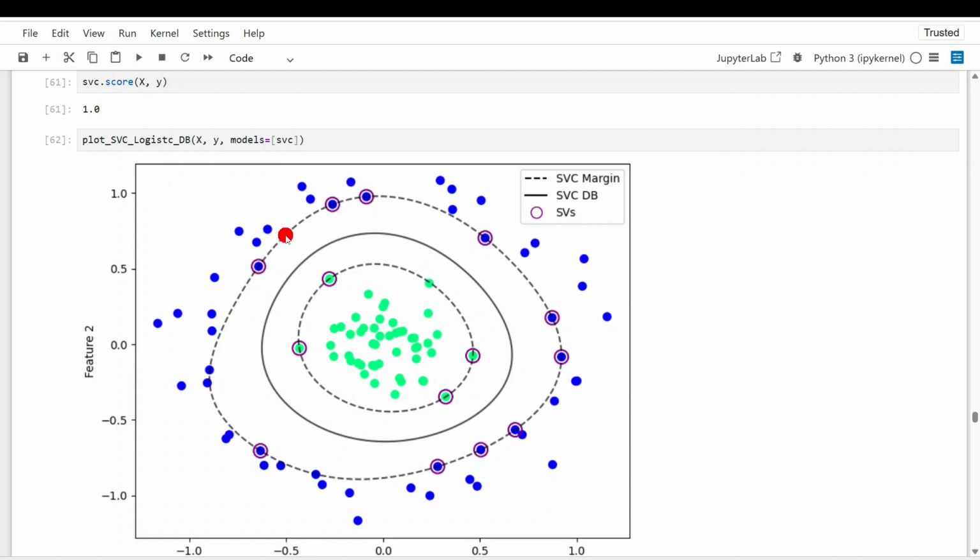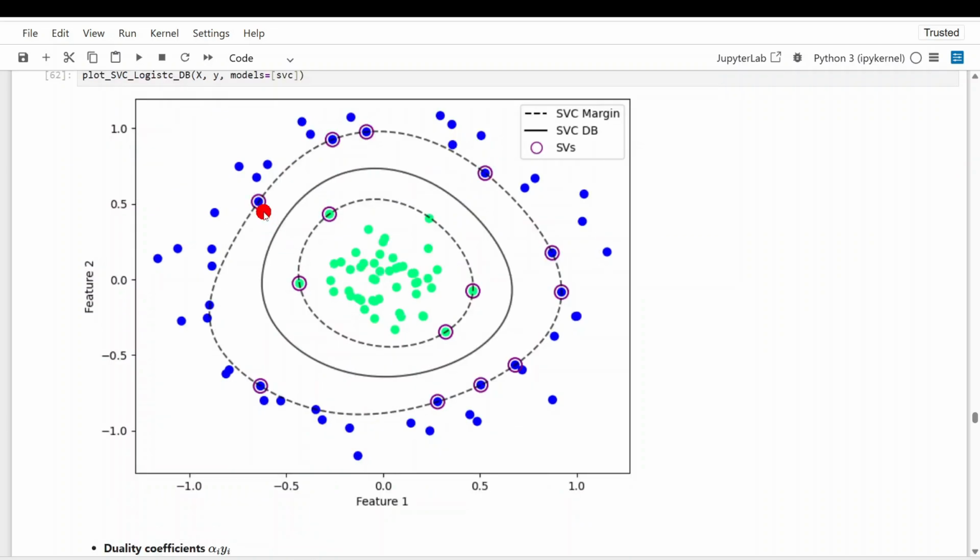Every support vector for the blue points is on the corresponding hyperplane, and every support vector for the green points is on the hyperplane that stands for the green points.